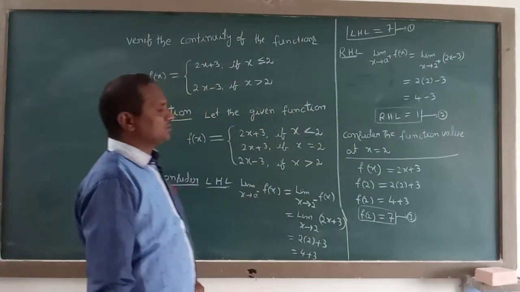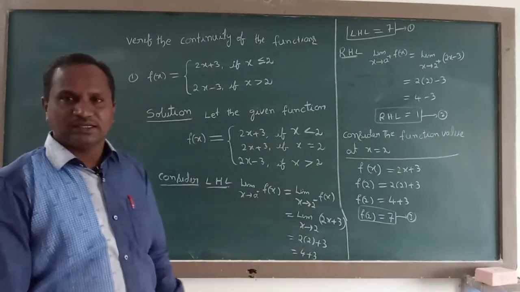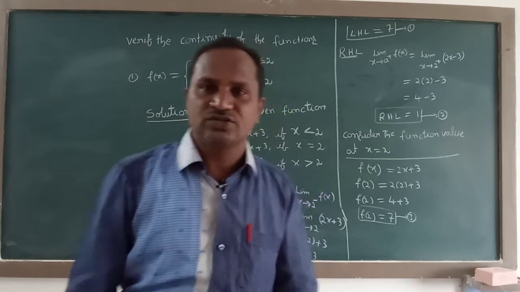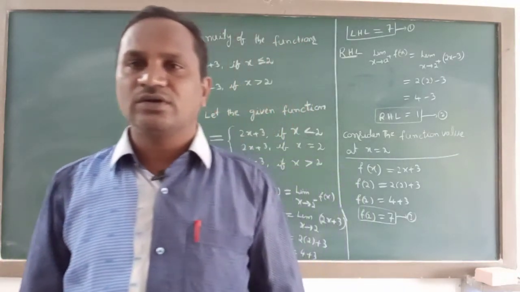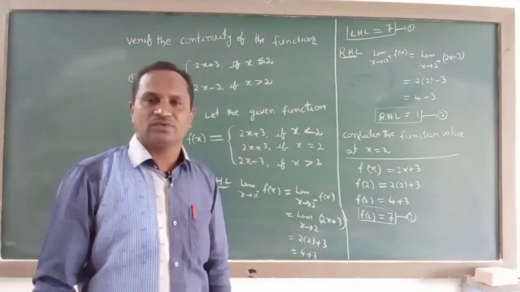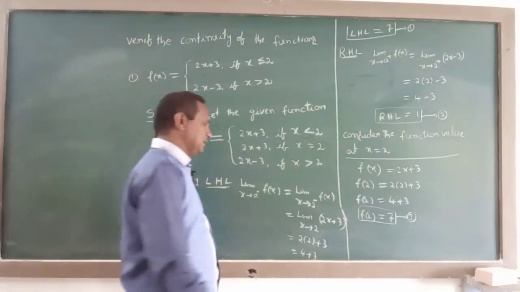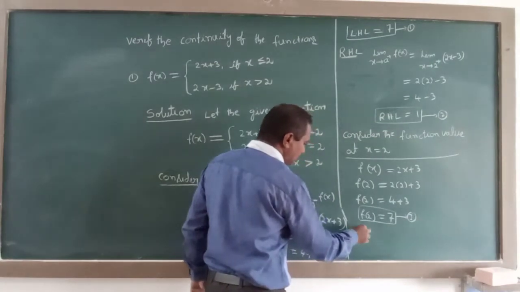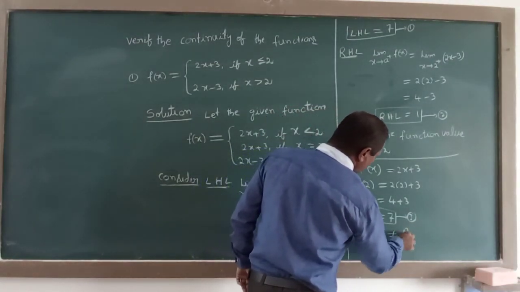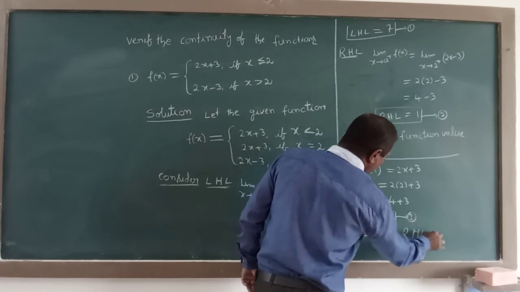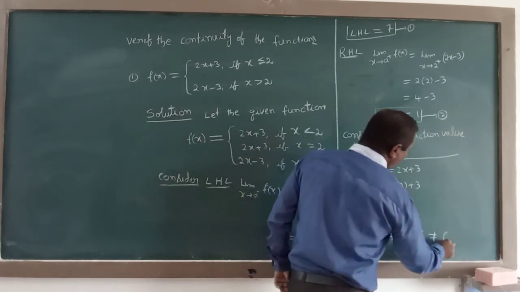From 1, 2 and 3 we can write LHL is not equal to RHL, which is not equal to the function value f of 2.